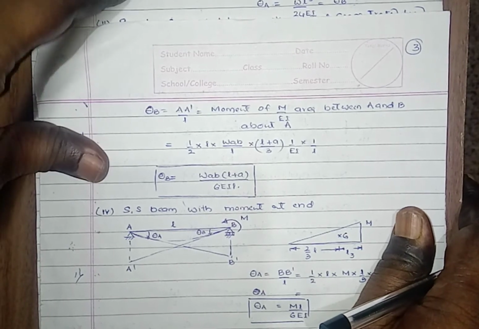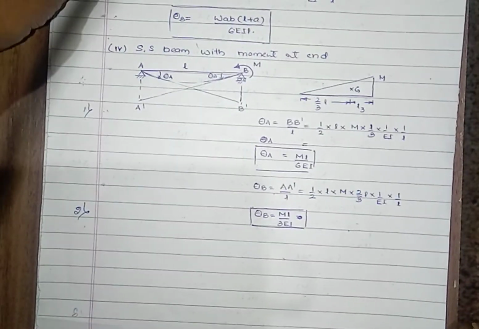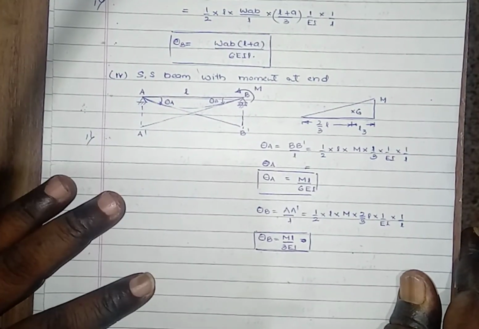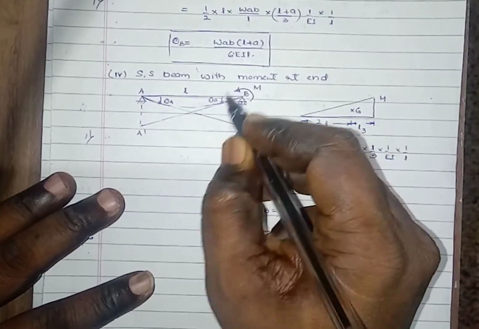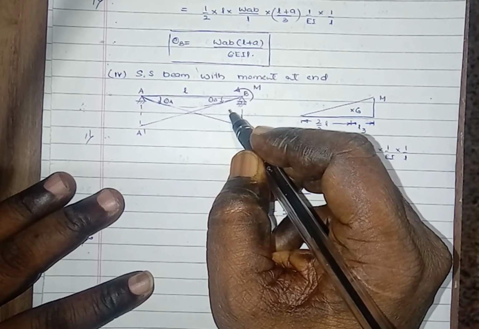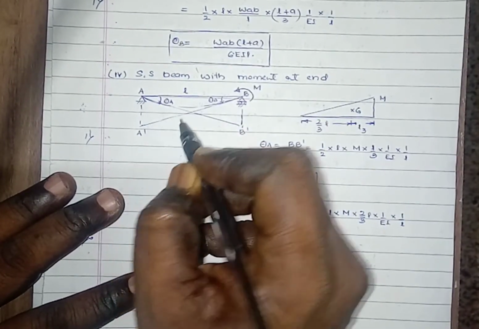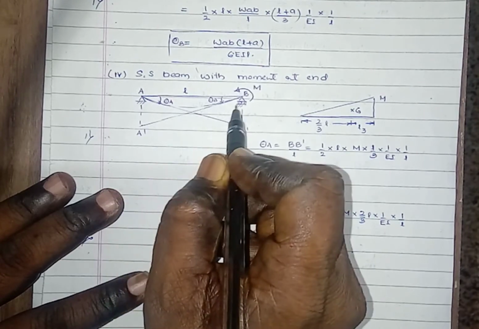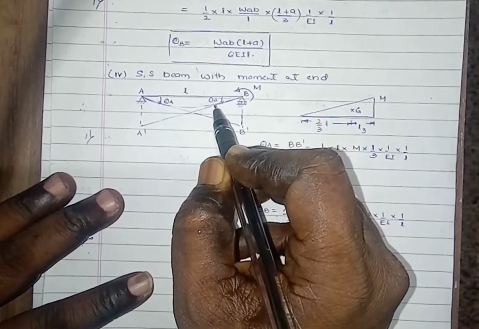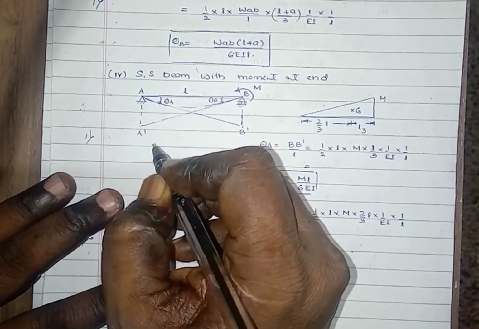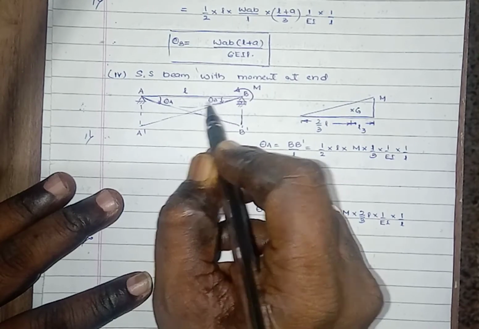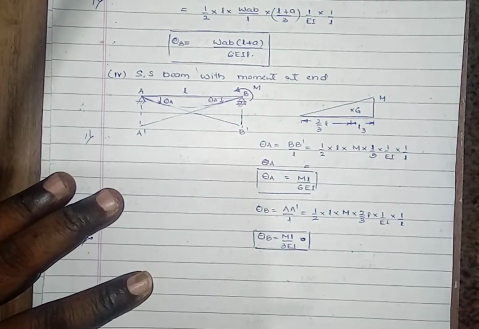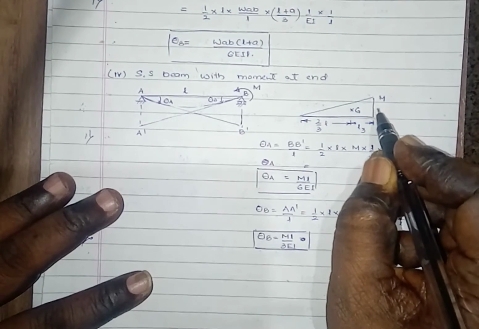In case of the simply supported beam with a couple moment at the end, if it is subjected to a couple moment, then here this one is a simply supported beam subjected to a couple moment M at B. Then if you want to calculate theta A or theta B, here this is the deflected shape, the bending moment is sagging in nature, then the slope at A is given by BB dash divided by L. Here again draw the bending moment diagram.